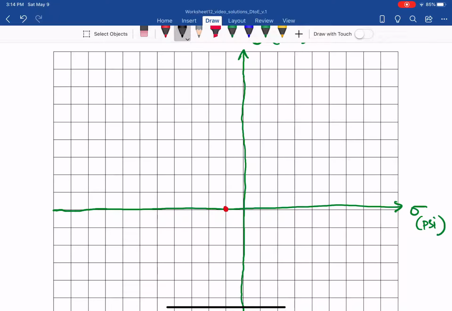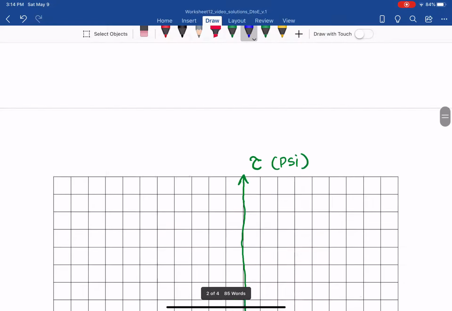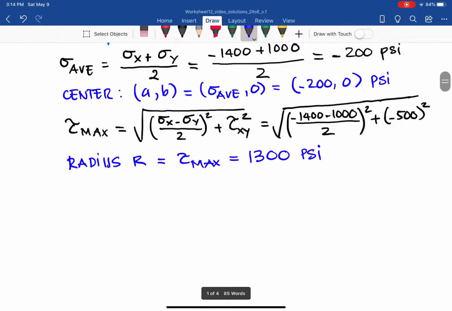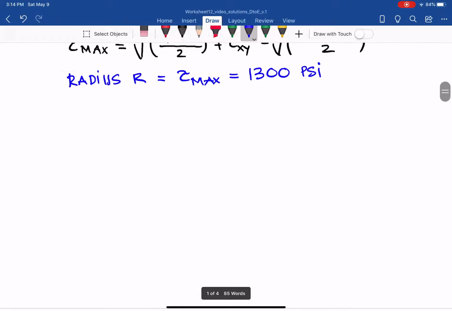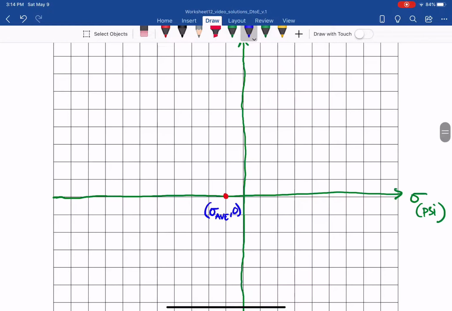So write down sigma average, 0, the center of the circle, and the radius is the tau max, which is 1300 psi. So what is 1300?